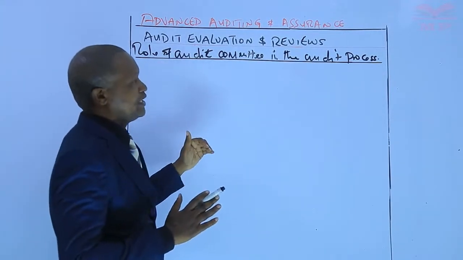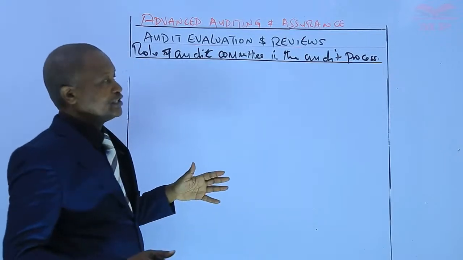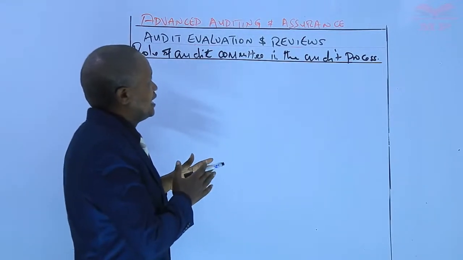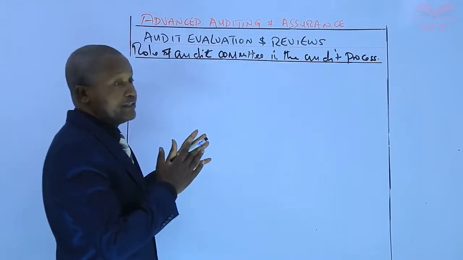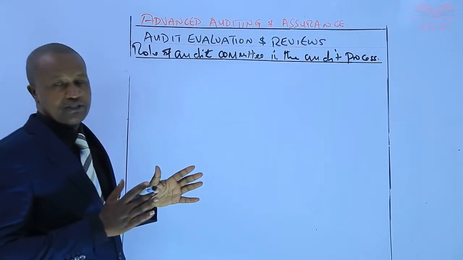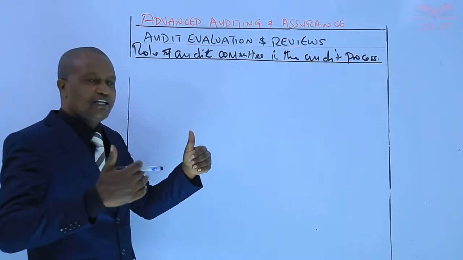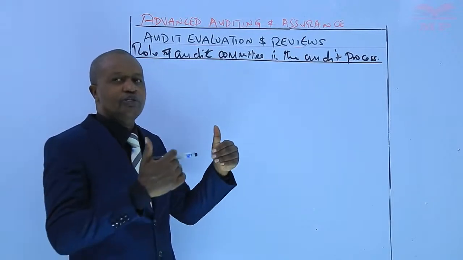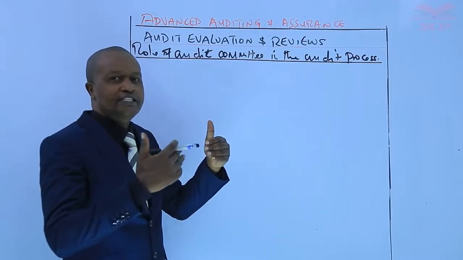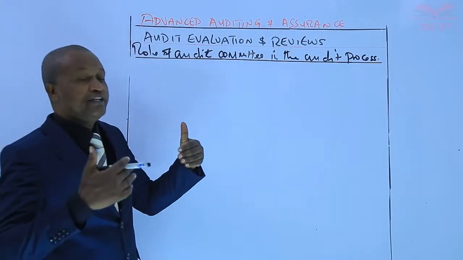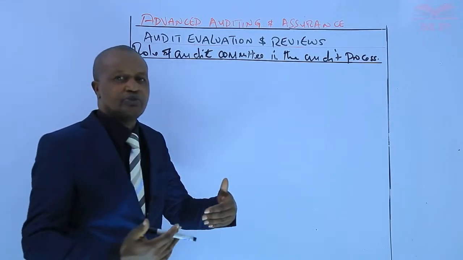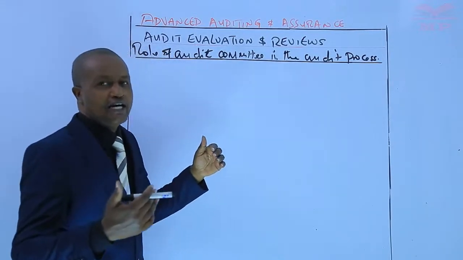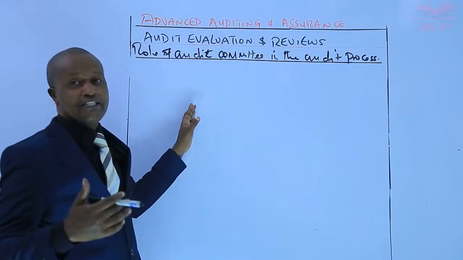The audit committee may have other roles, but it also has a crucial role in the audit process. It serves as a key oversight mechanism to ensure the integrity and the effectiveness of the organization's financial reporting and auditing activities.